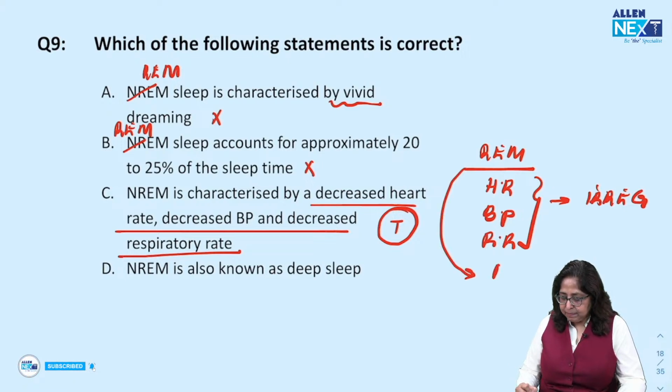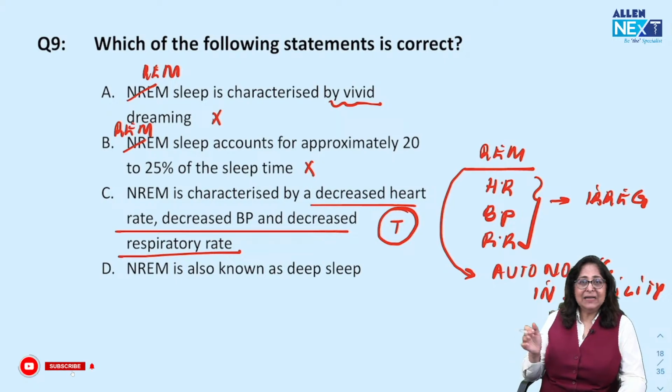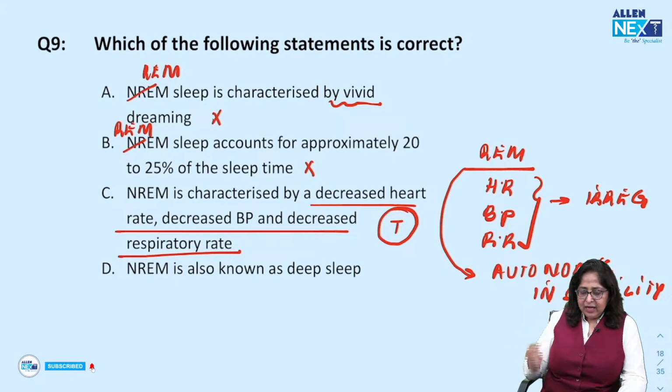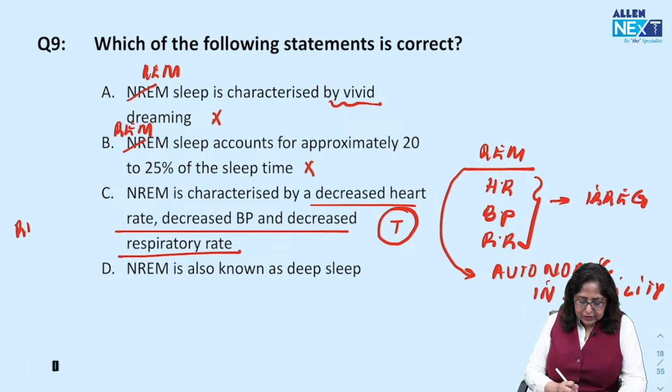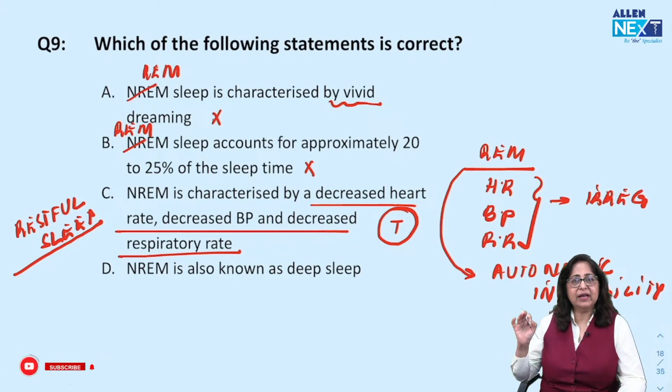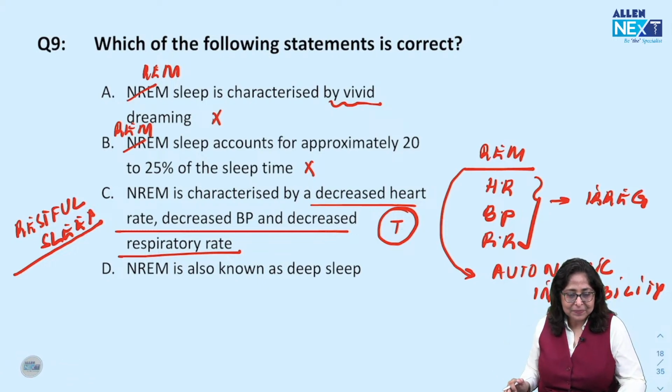REM sleep is a period of autonomic instability. But NREM is known as a restful sleep. Why do we call it a restful sleep? Because during this time, heart rate, respiratory rate, and blood pressure will all show a decrease.